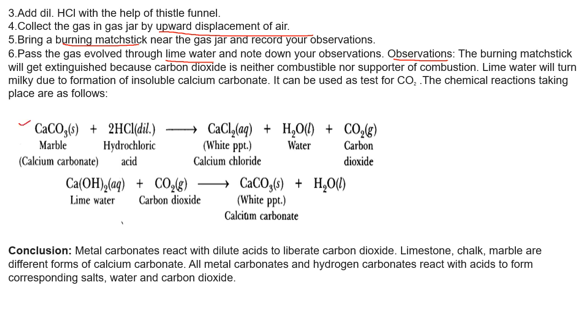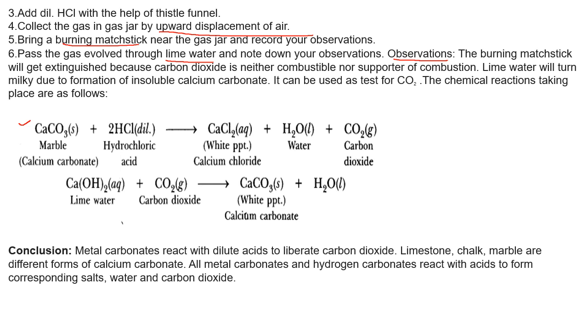Even if they don't ask in the question that you have to write the chemical equation, wherever you are doing any kind of activity, remember that you better write the chemical equation. Here is the chemical equation: calcium carbonate and dilute HCl.